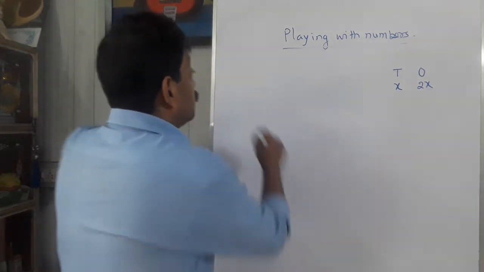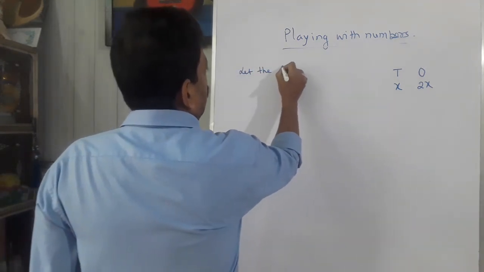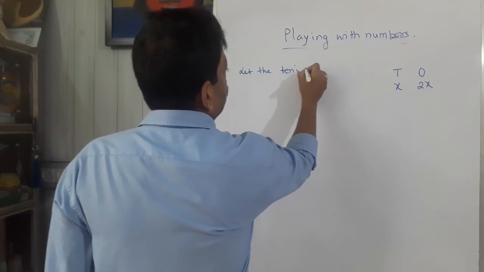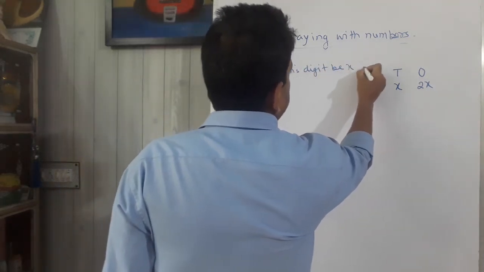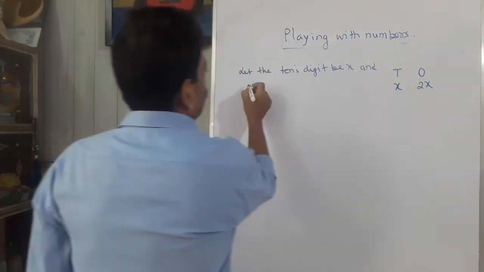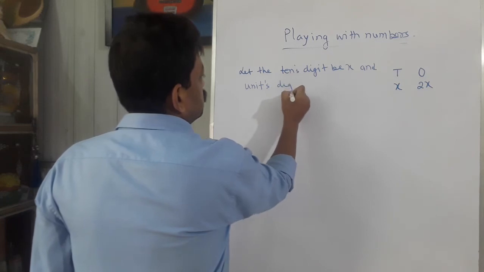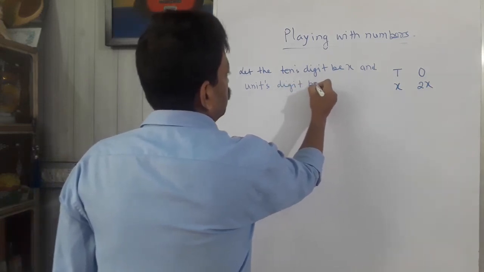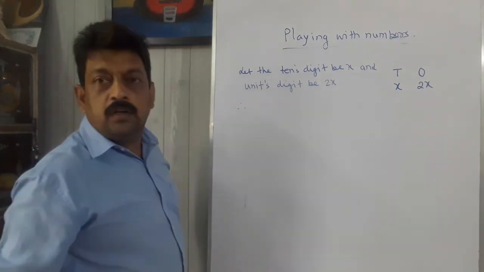Okay. So let the tens digit be x and the units digit be 2x. Therefore, what is the original two-digit number?